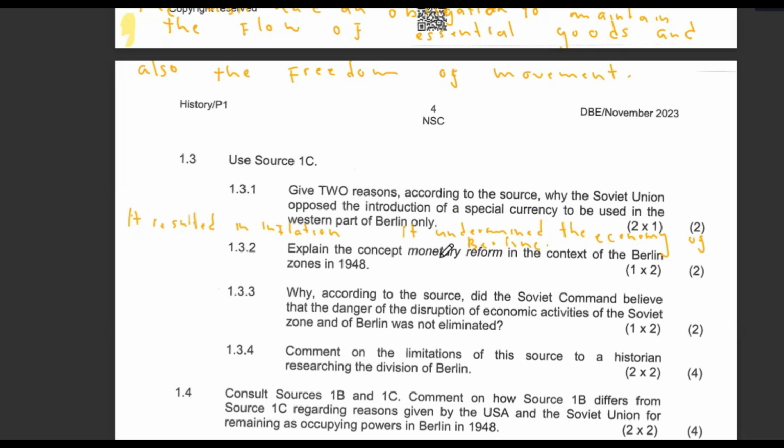So the concept of monetary reform was a concept whereby the Western powers introduced the Deutschmark, which was a new currency, which replaced the old currency called the Reichsmark.